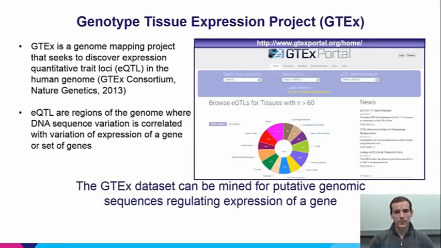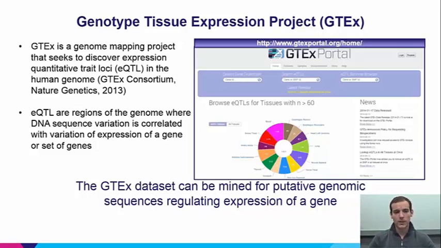This next resource is called the Genotype Tissue Expression Project, or GTEx for short. This is a genome mapping project, and the goal of the project is to discover expression quantitative trait loci in the human genome.